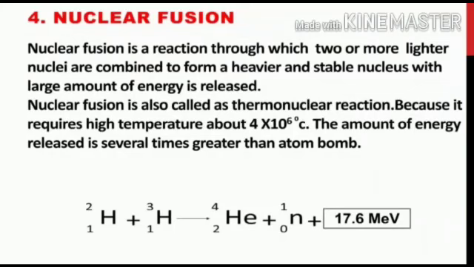Hence, nuclear fusion is also called a thermonuclear reaction because it requires a high temperature of about 4 into 10 to the power 6 degrees Celsius. The amount of energy released is several times greater than the energy released when an atom bomb explodes.